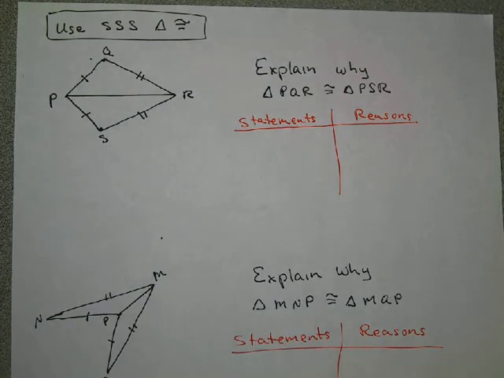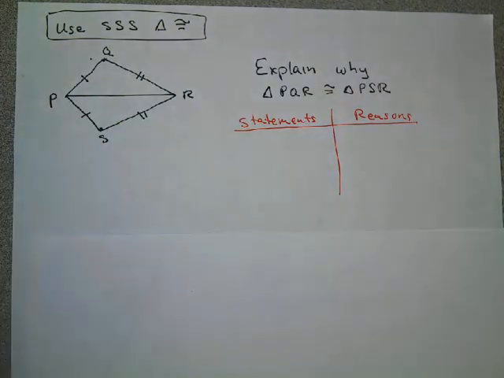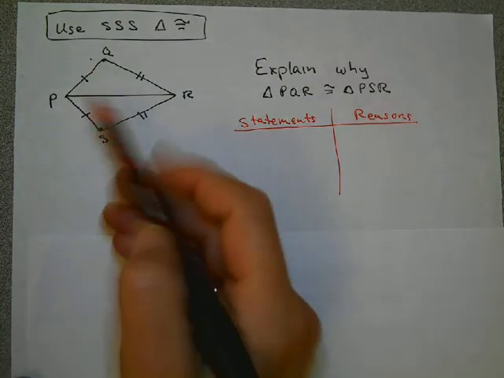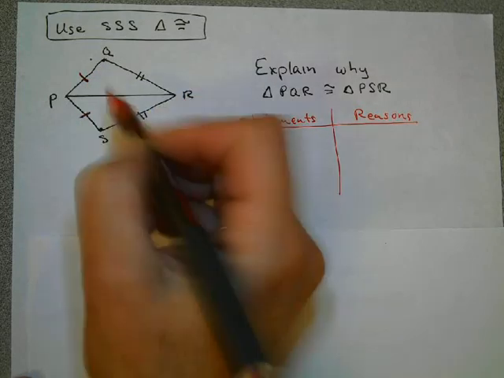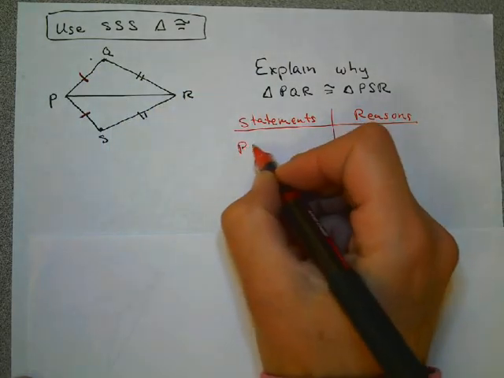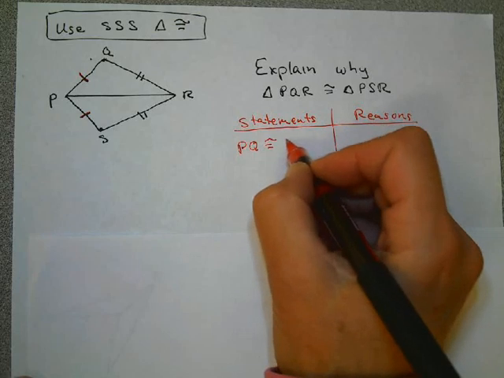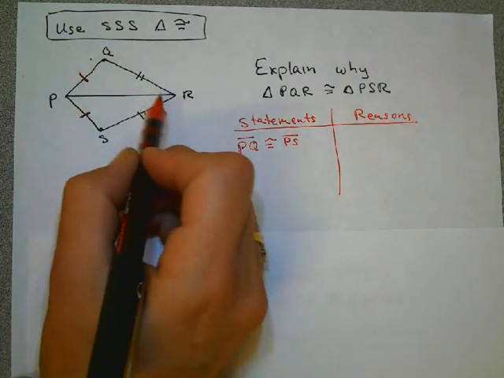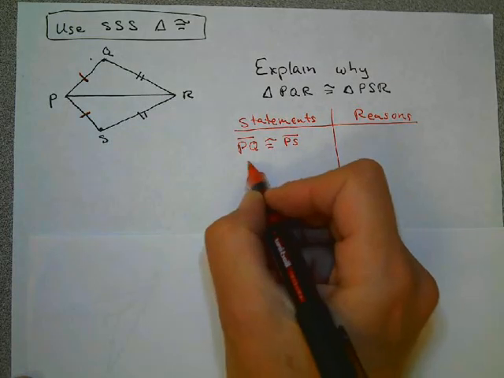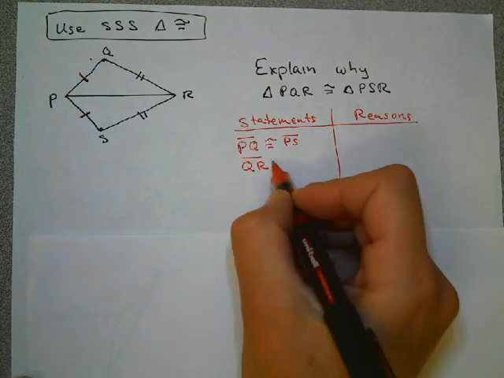Well, the first thing you do is you just look at your tick marks. Okay, PQ has a tick mark. So does PS. So I can say PQ is congruent to side PS. And then I see there's 2 tick marks for QR and 2 for SR. So I can say QR is also congruent to SR. And my reasons, I'll just number this 1, is that's given information.